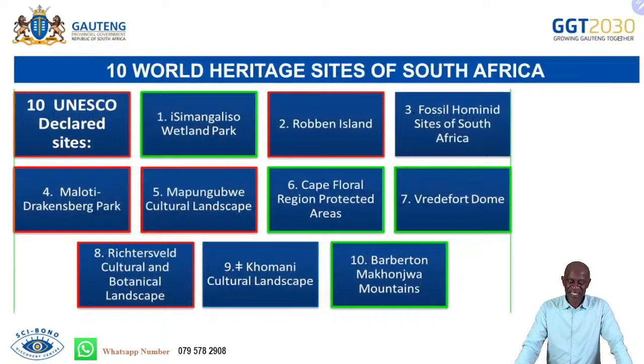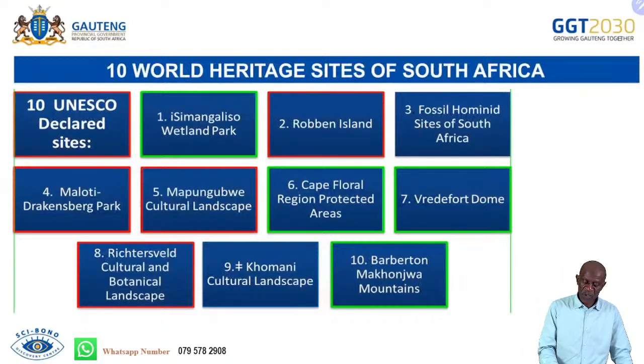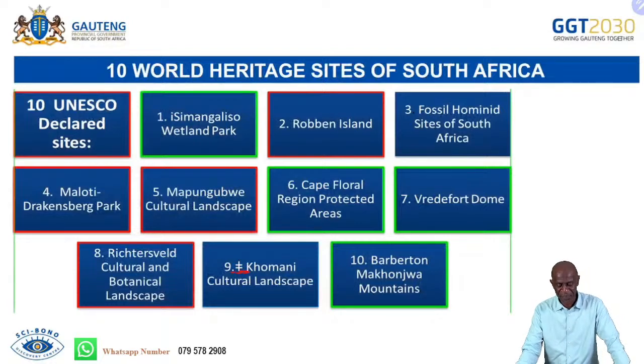So this hashtag sign, as well as the name, forms a package. So when you are required to name this, or when you come across questions that involve Khomani Cultural Landscape, please include this hashtag alongside the name.